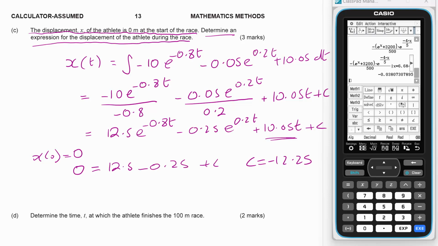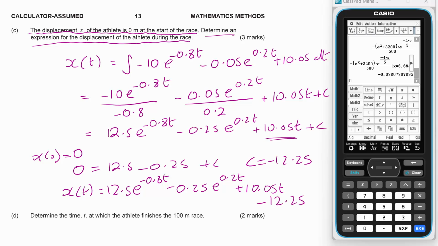So x is going to be 12.5 e to the negative 0.8t, take away 0.25 e to the 0.2t, plus 10.05t, take away 12.25.